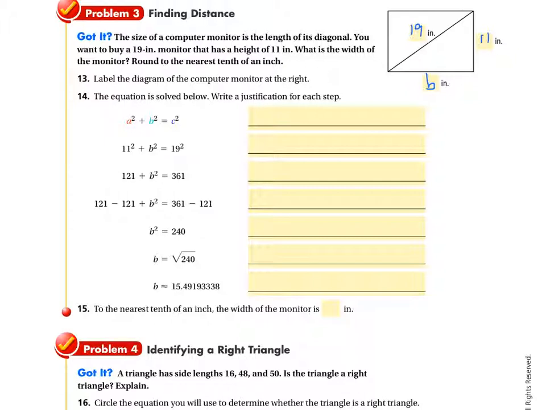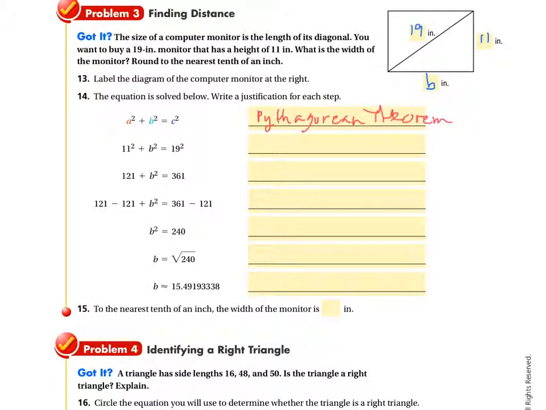Oh, we're going to give reasons. So look at what they did. So what is this called? So there's our reason. Then what did they do from here to here?